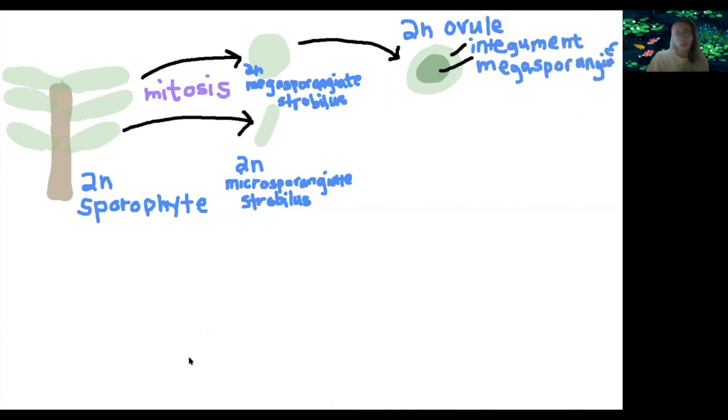And within our microstrobilus, we're going to have on one of the sporophylls, and on that, we will have a microsporangia, aka pollen sac.